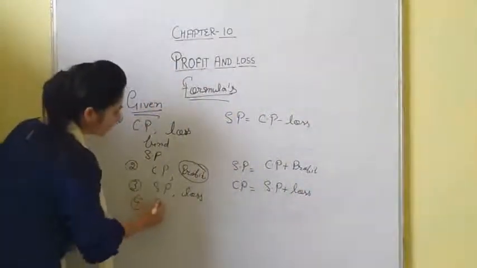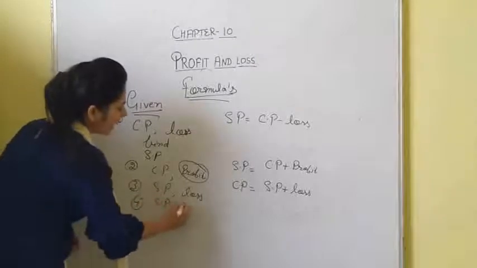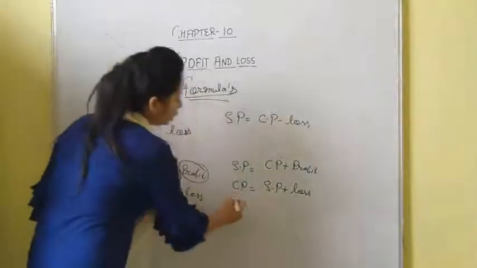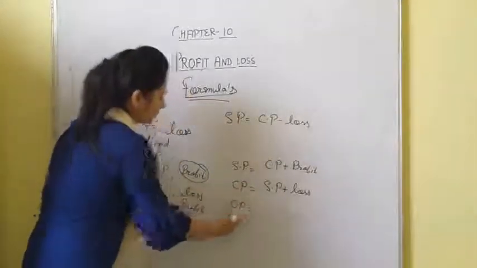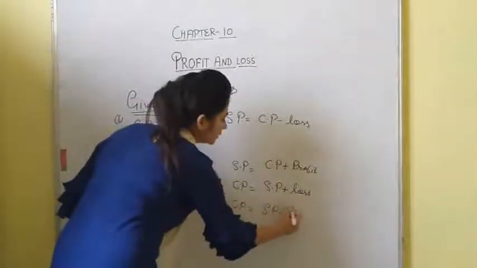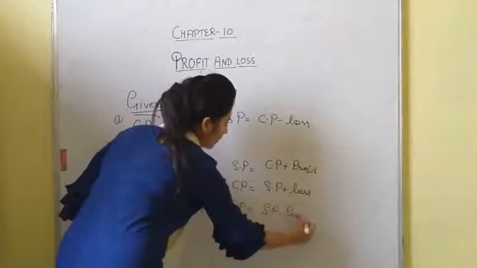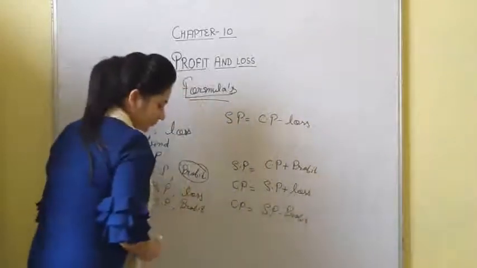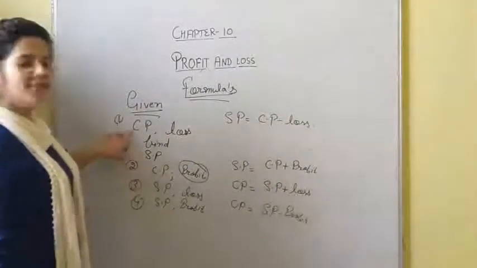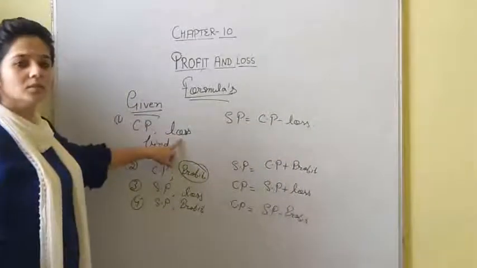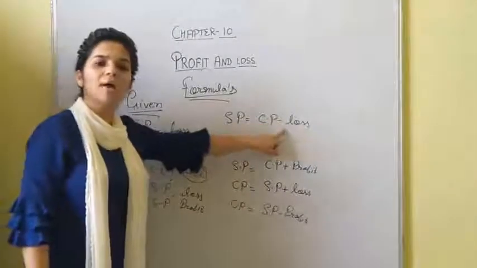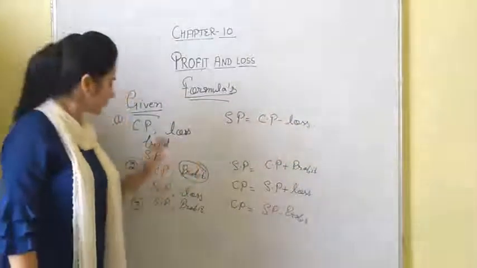Next formula is when we have SP and profit, then formula of the CP is SP minus profit. When we have CP and loss, the formula for finding the SP is CP minus loss.